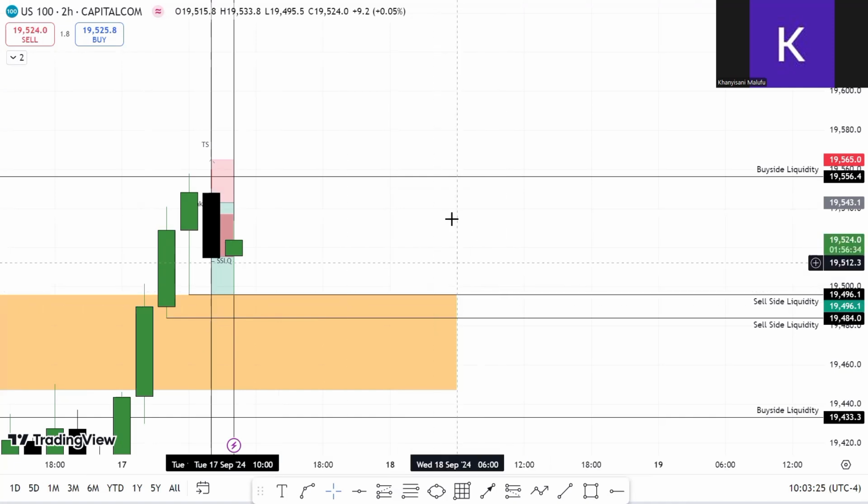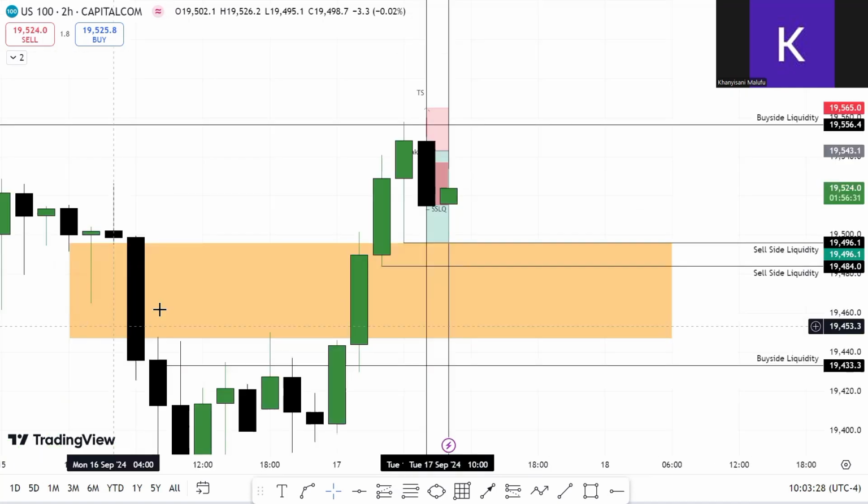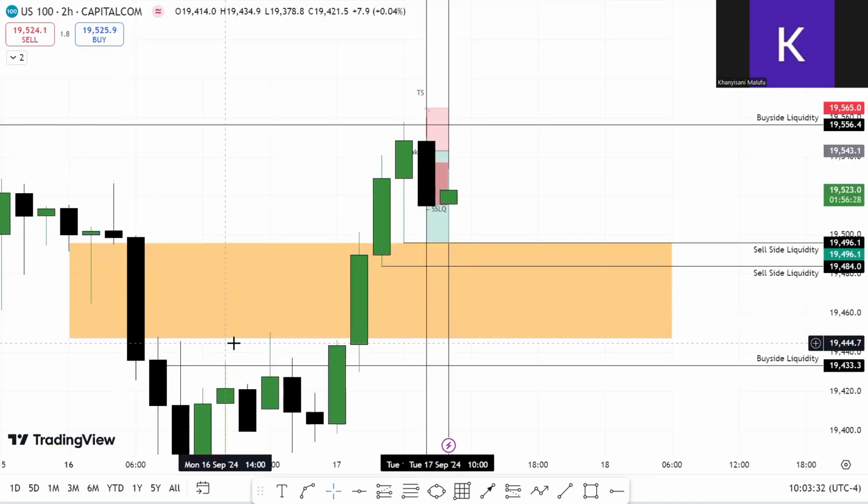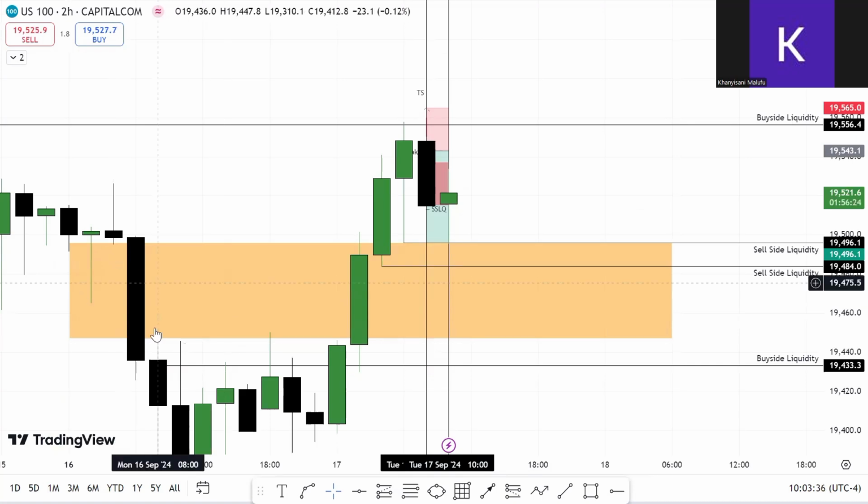So this was from the 2 hour time frame here. This particular one is a bearish and impatient fair value gap. So we've taken a sell side now. We can trust that it is going higher from there to that buy side liquidity.